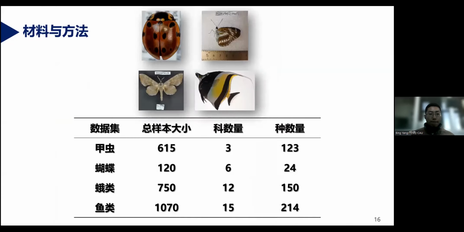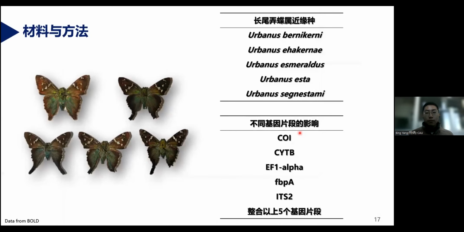And genomic SNP includes bees and locusts, which are identified at the subspecies level. For the coarse-grained data, we included 123 species of beetles, 24 species of butterflies, 150 species of moths, and 214 species of fish. All the samples are from either our labs or the BOLD Systems website.